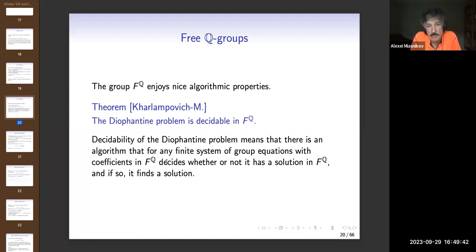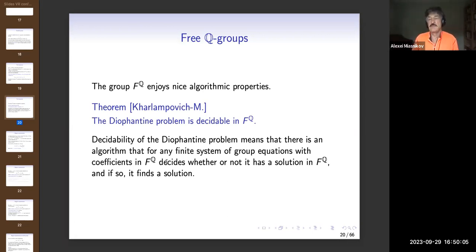And using Van Kampen diagrams, we were able to prove that the Diophantine problem is decidable. In other words, there is an algorithm which says for a given system of equations in F^Q whether or not it has a solution in F^Q, and if it has, it finds a solution.